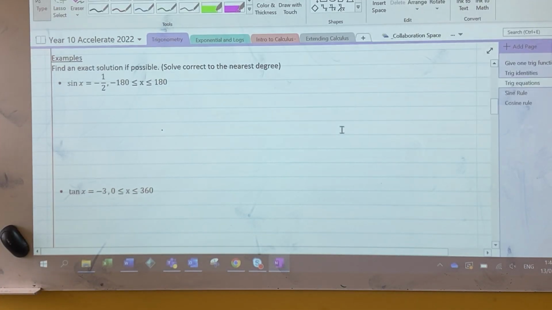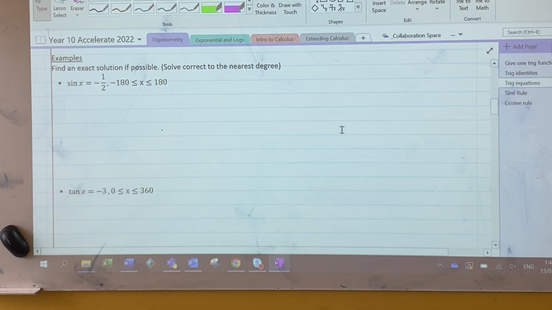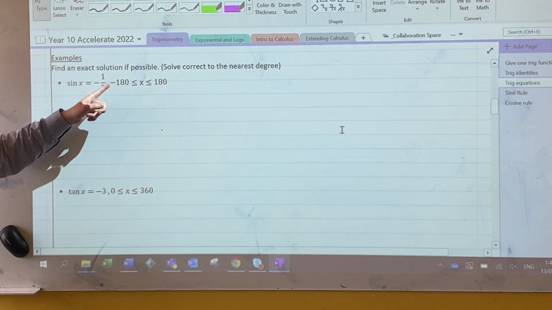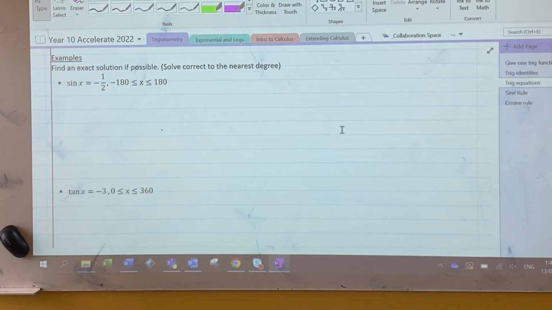Slightly harder. It says find an exact solution correct to the nearest degree. Okay, so sine x equals a negative value, and x is between -180 degrees and 180 degrees. What I suggest is we sketch the diagram first and figure out which quadrant the angle could be in, and we'll go from there.